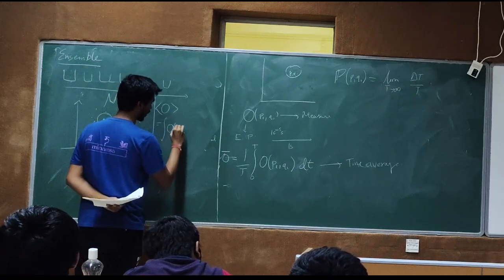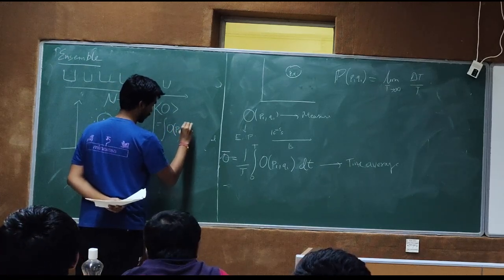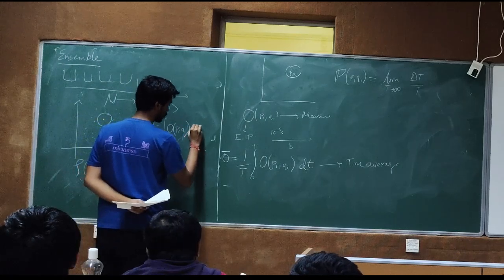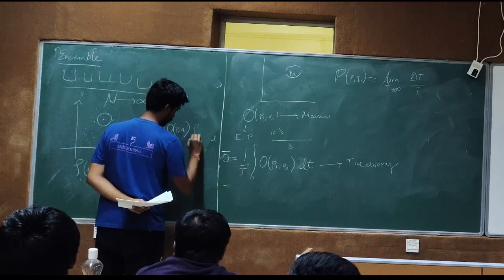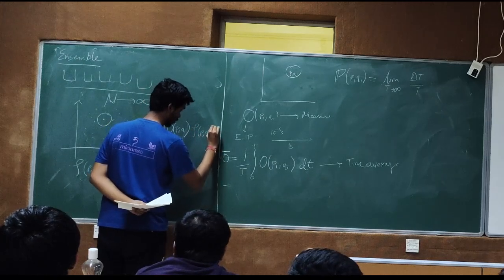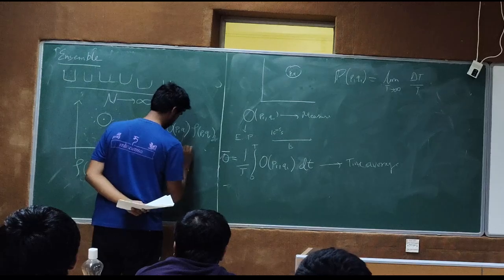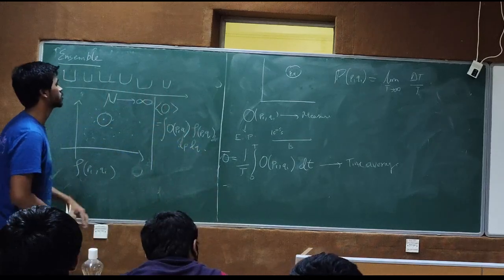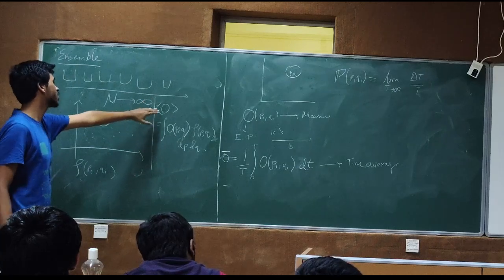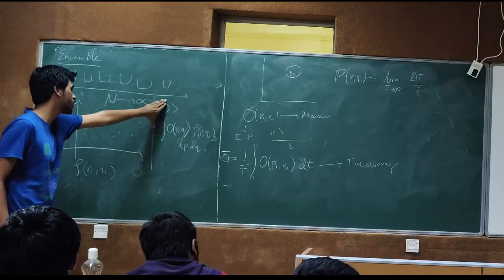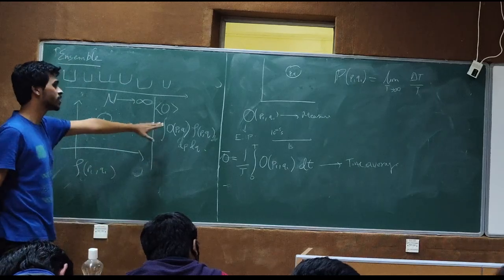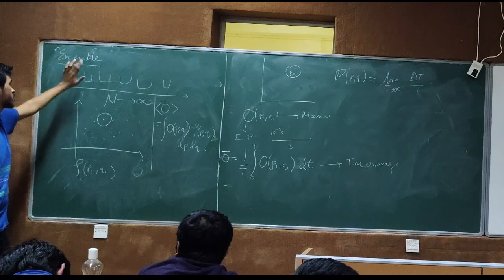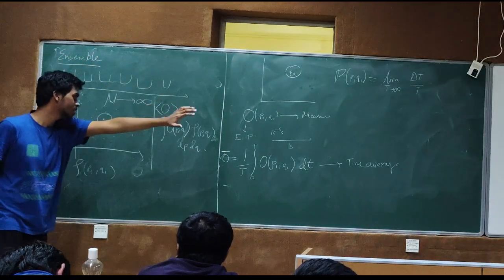You can assign an ensemble average to any quantity O of P, Q. This system will have one value of O of P, Q, this one will have another, and so on.